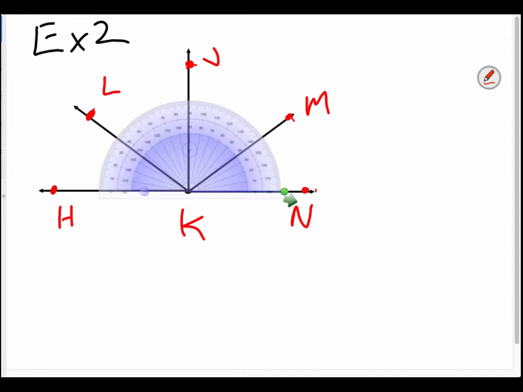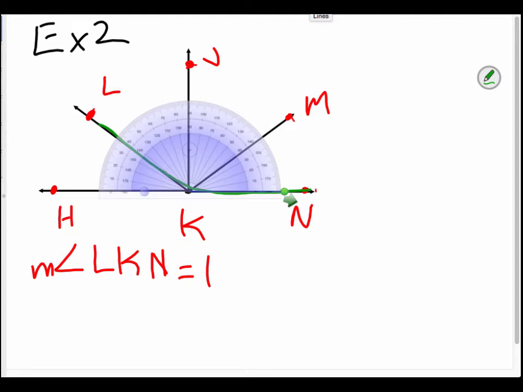So now for example number 2, it says that the measure of angle LKN is equal to the absolute value of LKN. Alright, so what they want us to do is figure out what this measure is, right?